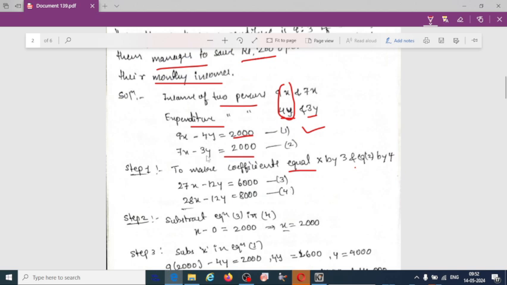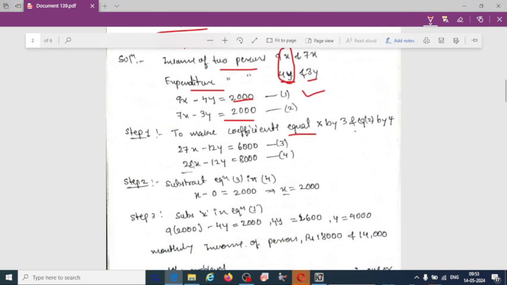Here 4 and 3 are there, so you have to multiply alternately. The coefficient of any one of the variables must become equal. Here the 12y terms will get cancelled, and if you subtract equation 3 and 4, you will get x equal to 2000.